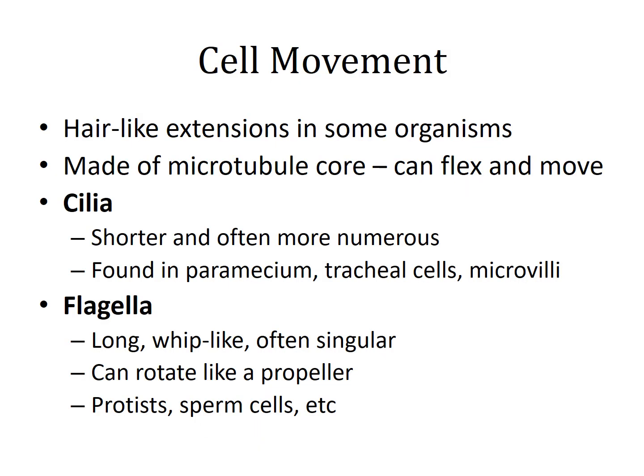Cell movement does also happen in some cells. Like, 50% of the cells in the human body actually have a flagella, so they have a long whip-like singular string thing that essentially rotates like a propeller.